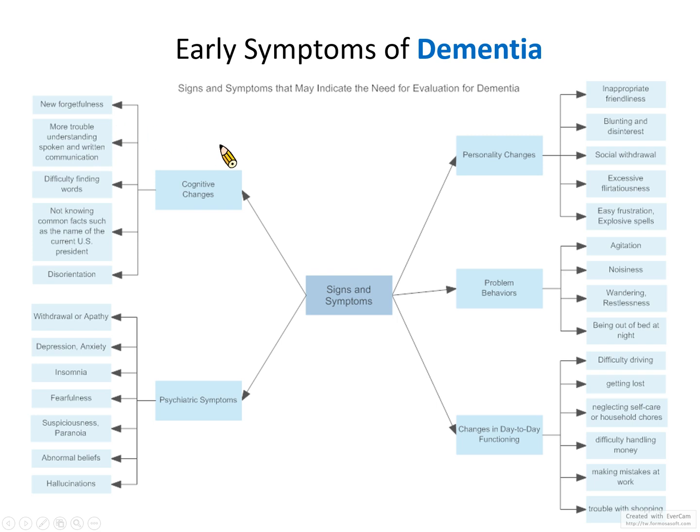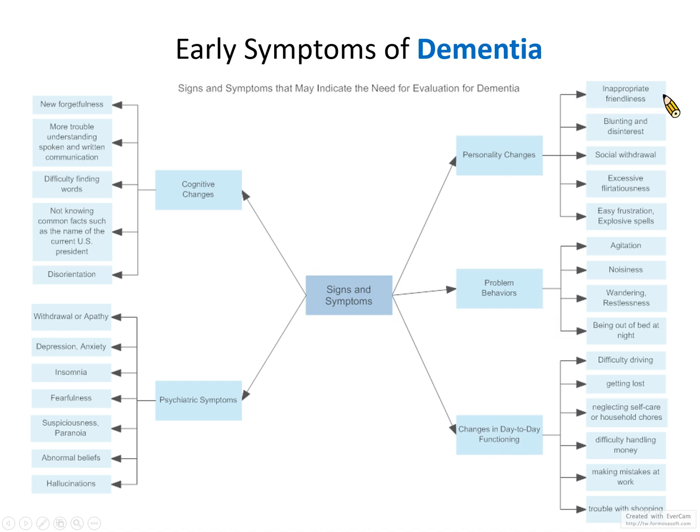And in terms of the cognitive changes, including forgetfulness, trouble understanding language and comprehension, difficulty finding words, not knowing common facts such as the name of the leaders in the country, and disorientation. There are also other significant changes, including personality changes, problem behaviors, or changes in day-to-day functioning.